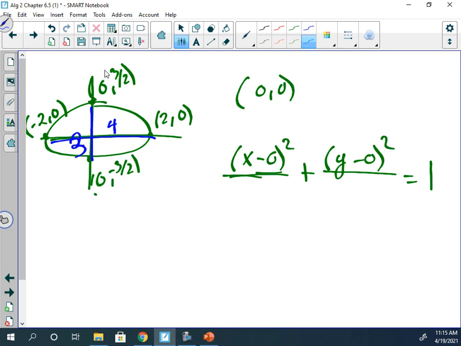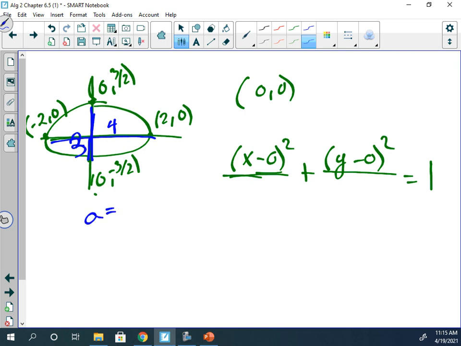So we'd add the two together and take the absolute value. The distance from 0 to 3/2 is 3/2, or 1.5. Going straight down would be 1.5. 1.5 and 1.5 would give us 3.